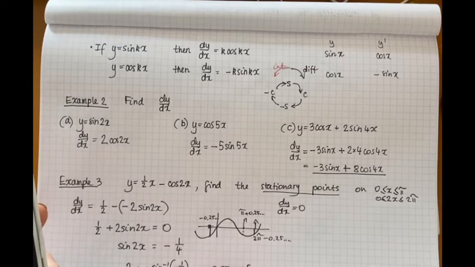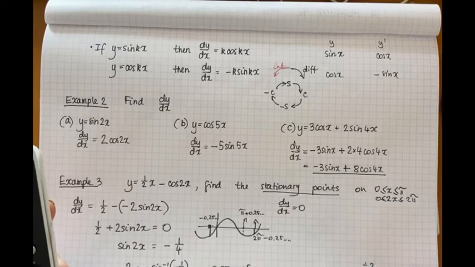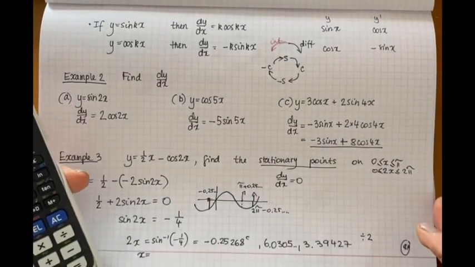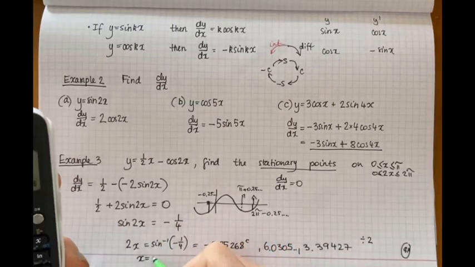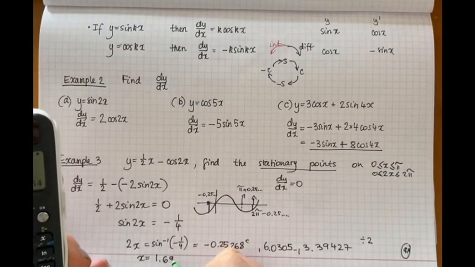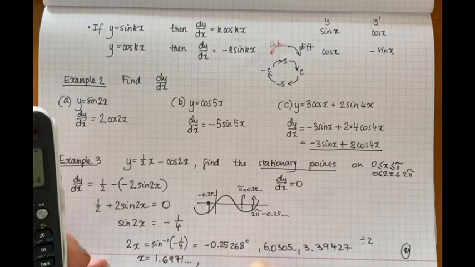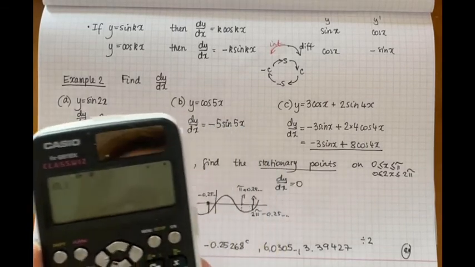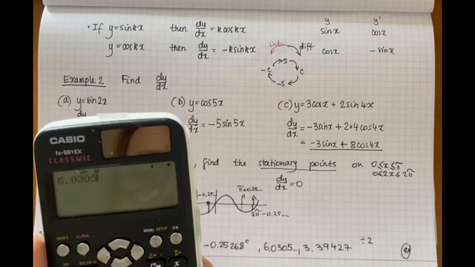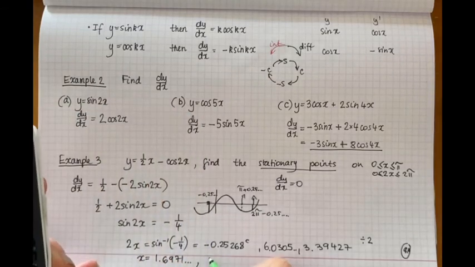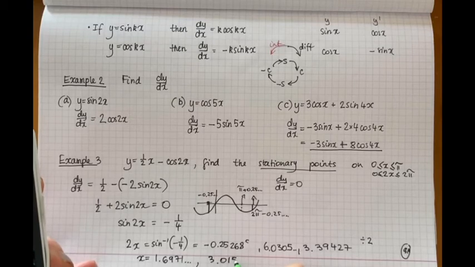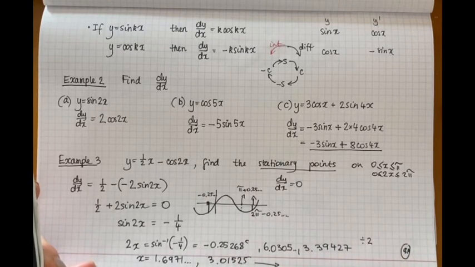Now I need to divide by 2. So divide by 2, it's 1.6971. And the second one, 6.0305, divide that by 2, gives me 3.01525.